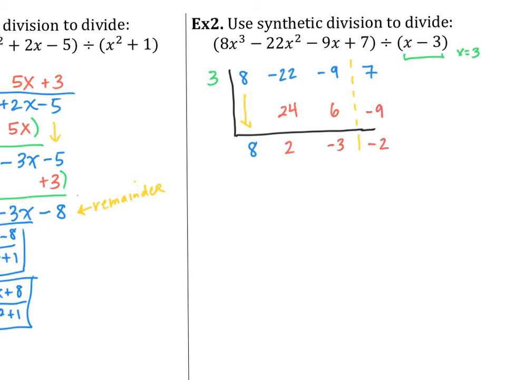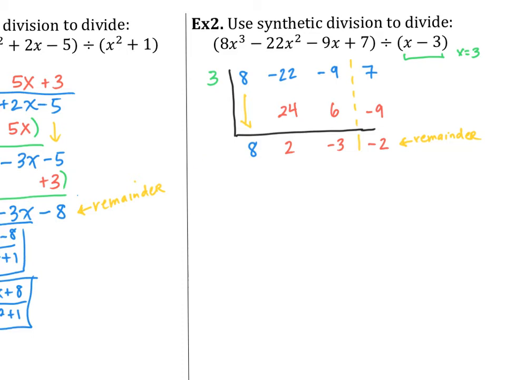So I've gotten a list of numbers. I need to go back and retranslate this into a polynomial. Because I put the dashed line, that reminds me that this last term represents the remainder. And then each column represents an increasing power. So this is the constant, this is the linear, this is the quadratic.